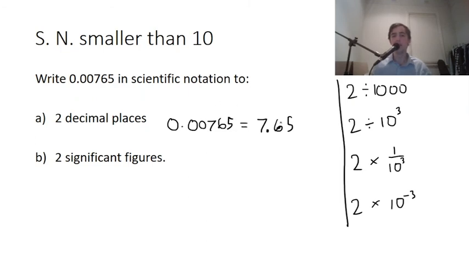It's exactly equal to the original number once I multiply it by 10 to the power of something. Now, how do I get from here, the decimal place from here, to there? Well, it goes 3 places, so that means I'm multiplying by 10 to the power of negative 3.